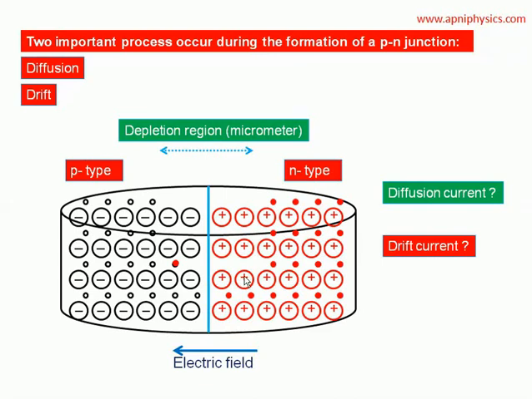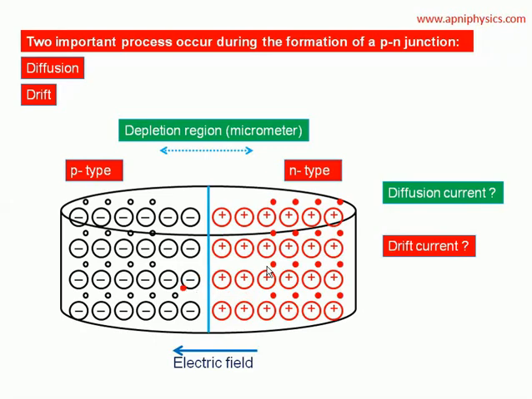It is fixed with the other atoms of the lattice, so it cannot move here and there. So these atoms are basically fixed. So when an electron leaves the n-type semiconductor material and reaches the p side, it leaves an ion, and these ions are immobile.